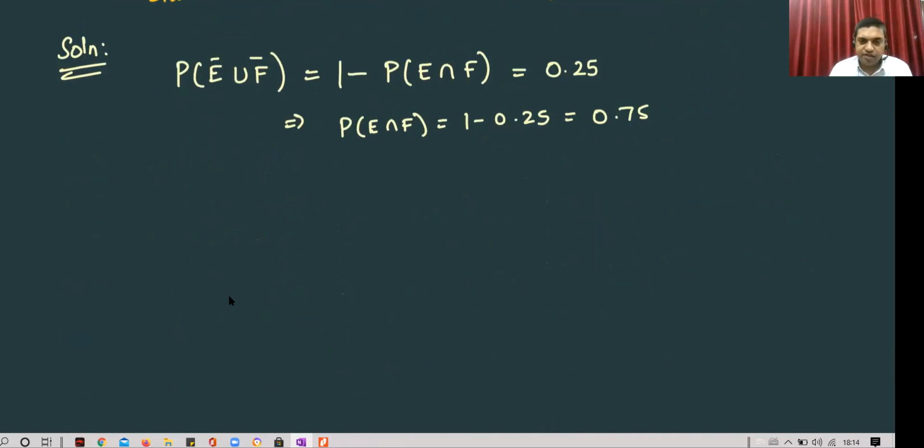Now there are inequalities I've not taught, but we'll soon do that. Say this, P of A plus P of B will be greater than or equal to P of A union B. Equal to will hold when?